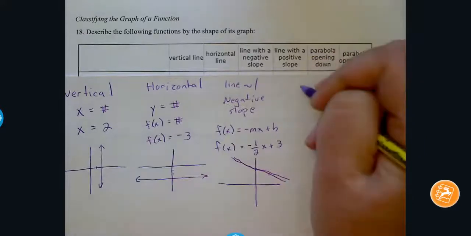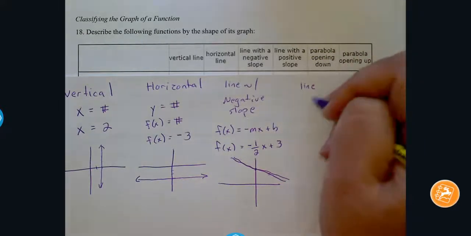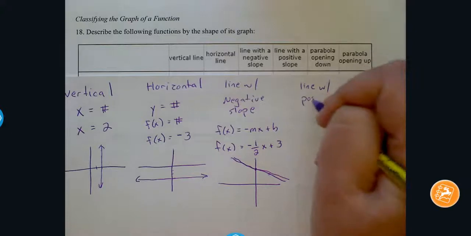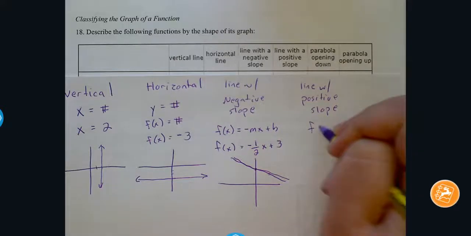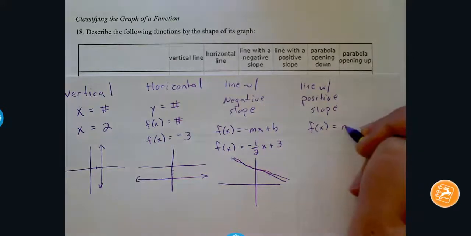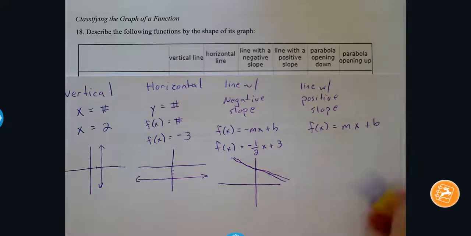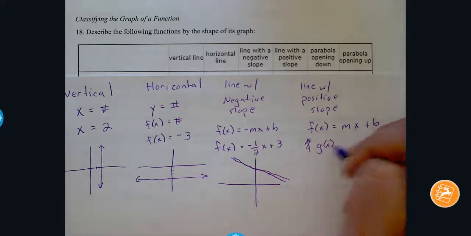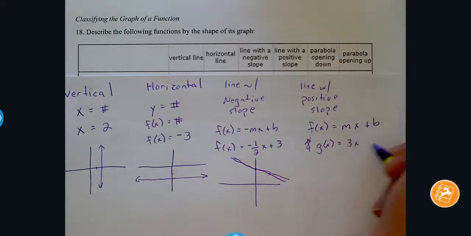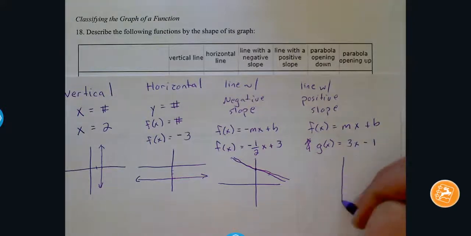And then we have a line with positive slope. Same thing, we have f of x equals a positive mx plus b. So for example, we can say g of x equals 3x minus 1. That slope being positive means that we're going to have positive slope. We knew that already, right? So we go up 1, 2, 3, and we have our line with positive slope.